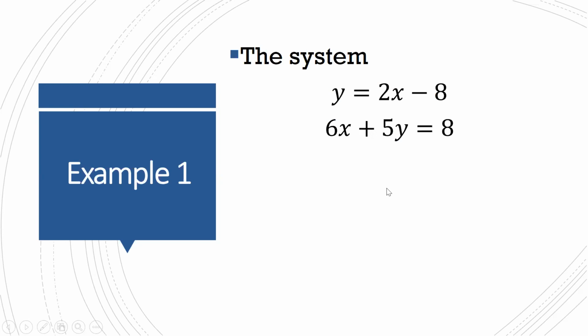Our system is already set up for substitution because, as you can see, you have y is equal to 2x minus 8 as the first equation, and my second equation is 6x plus 5y is equal to 8. So in that first equation, I already have y is equal to an expression. This is what I want when I'm doing substitution.